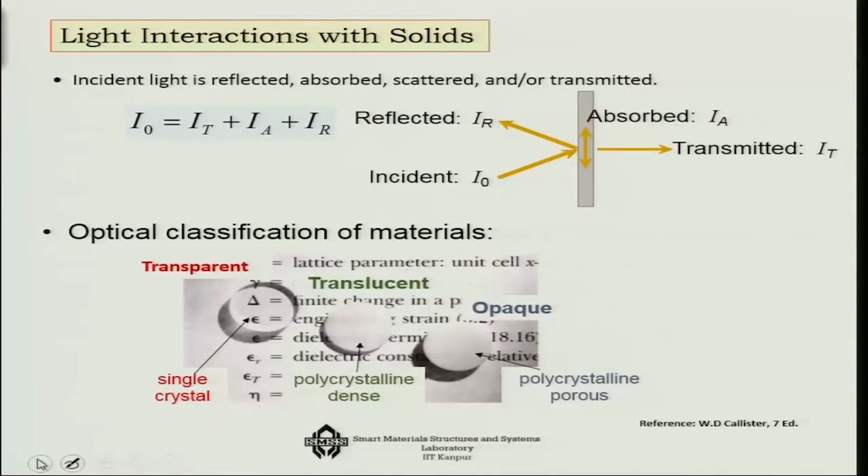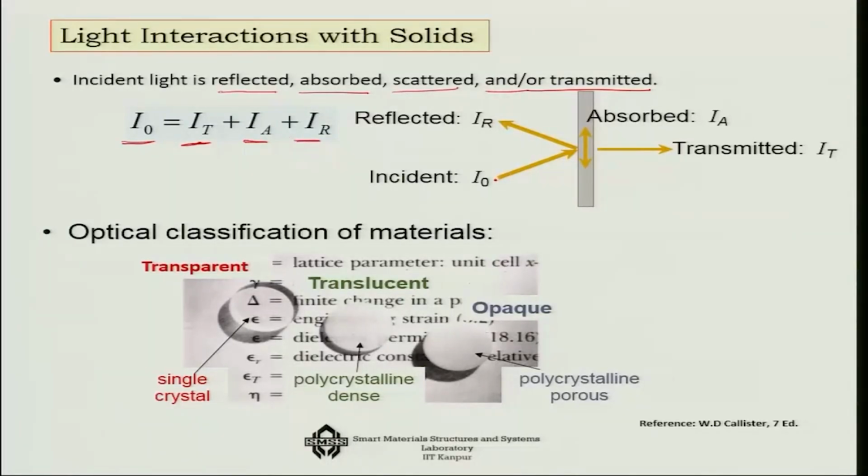Next is that light as an electromagnetic wave, when it falls on a solid, what happens to it? Well, the incident light, when it falls on a solid, can either be reflected, absorbed, scattered, or transmitted. So, we can write that the incident light I0 is going to have at least three parts: IT, IA and IR.